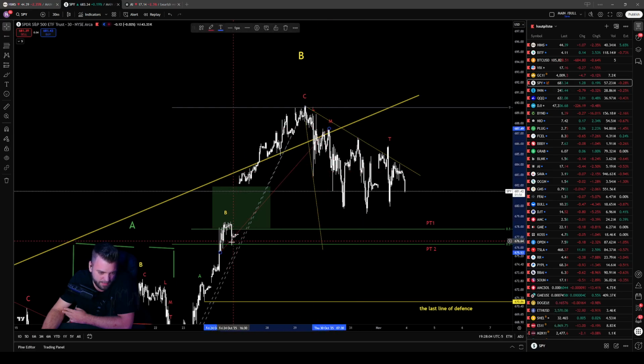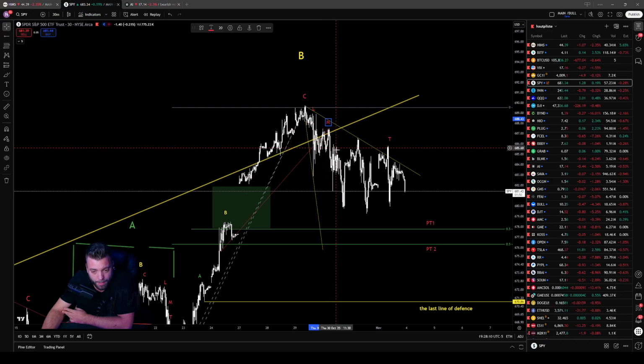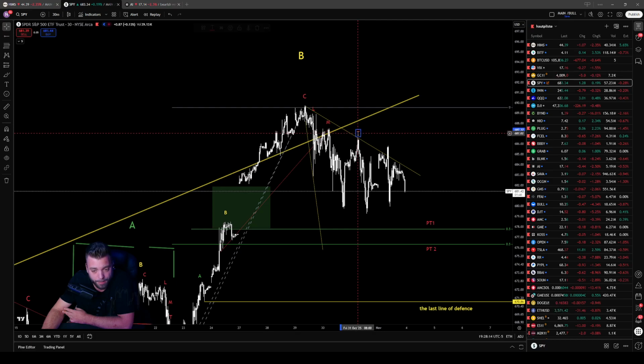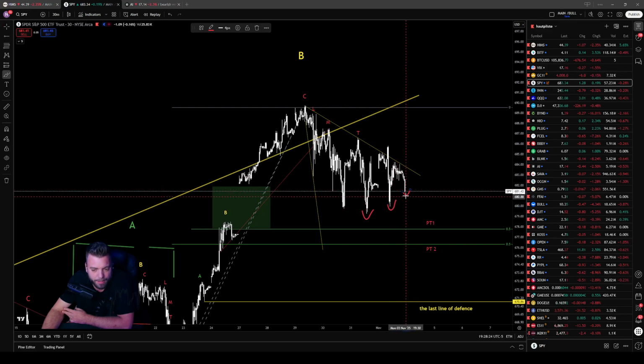It isn't that nice, but it still would work. This would be your M. You coming lower, then this would be your T. This is then your lowest point, and this would be your V. This would be your higher low, and this isn't allowed to go under this.